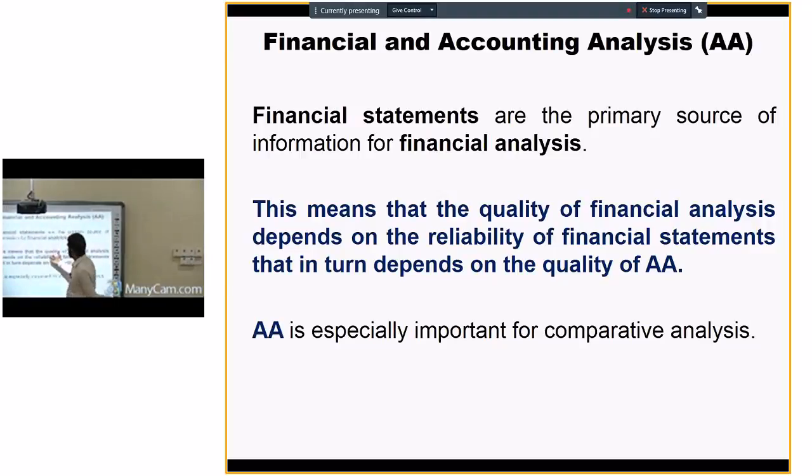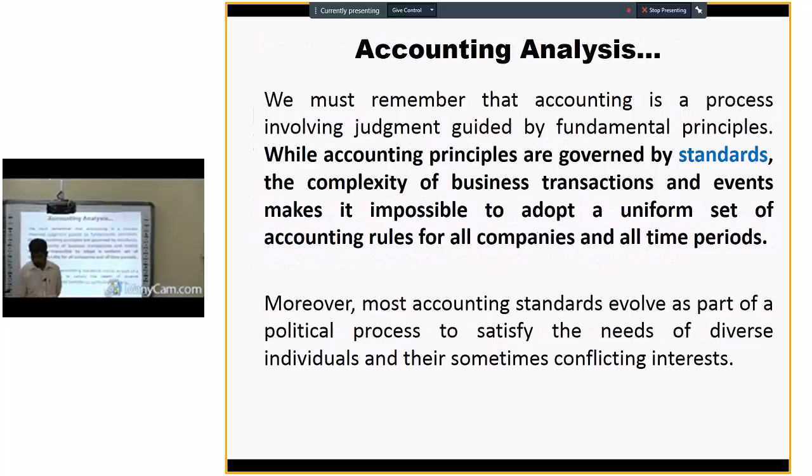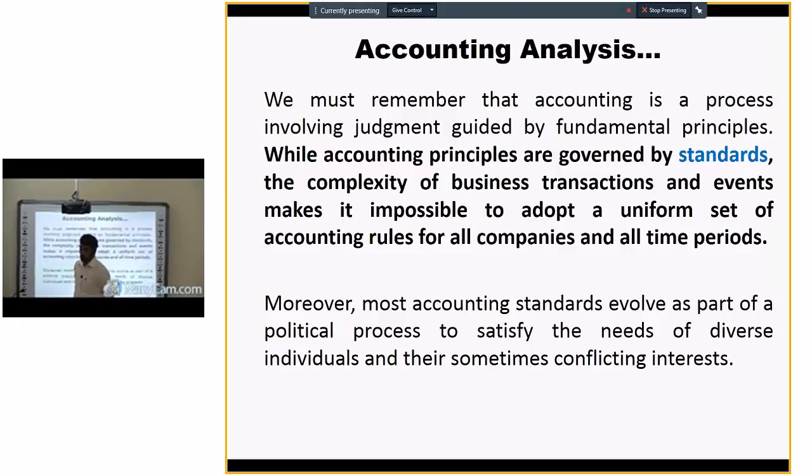Then the quality of the financial statement is very important to determine the quality of the output of accounting analysis. Accounting analysis is especially important for comparative analysis. Now, if we have a real picture and real analysis, we can compare organizations to organizations.